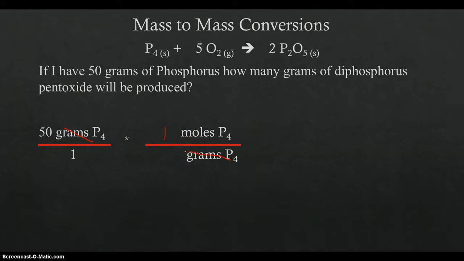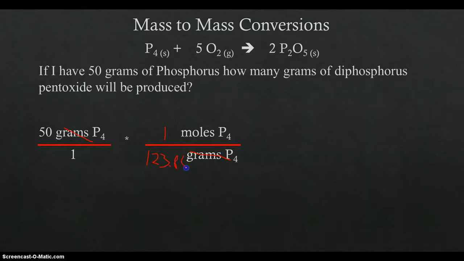I'm going to go to my periodic table to find that out. I have 4 phosphorus, and if I look on my chart, phosphorus is 30.97. And so I end up with a molar mass of 123.88.